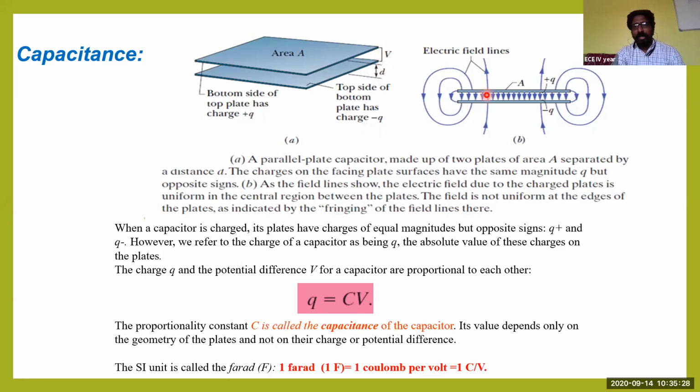So now this is an explanation of the previous diagram, how electric field lines have been formed, and the movement of the field lines between the two plates, positive plate and negative plate, where A is the area of cross section of these plates.